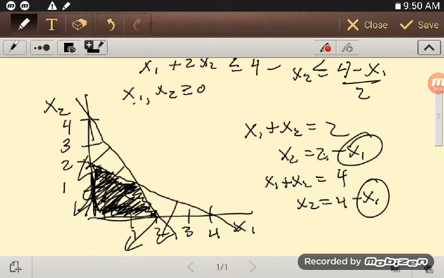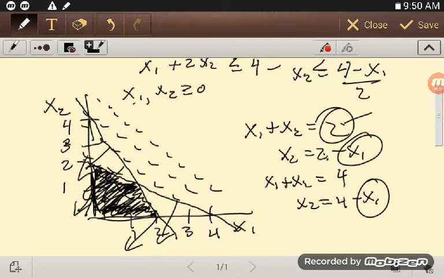Any value that I get from this is going to change the y-intercept in this particular case, because I'm not dividing anything, but the slope is always -1. So all my possible values for z just make these parallel lines with slope -1, and I want the one that's farthest out.